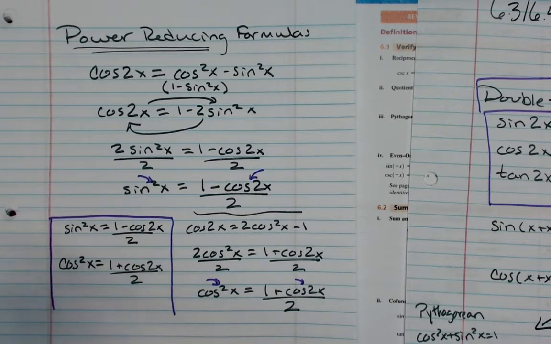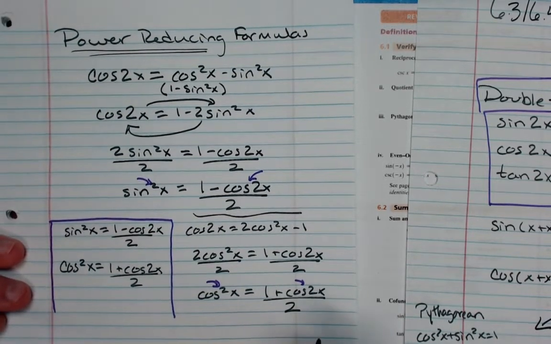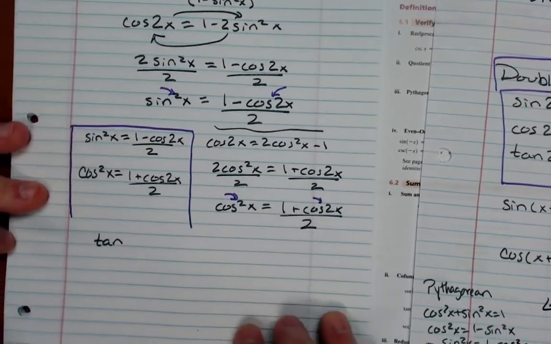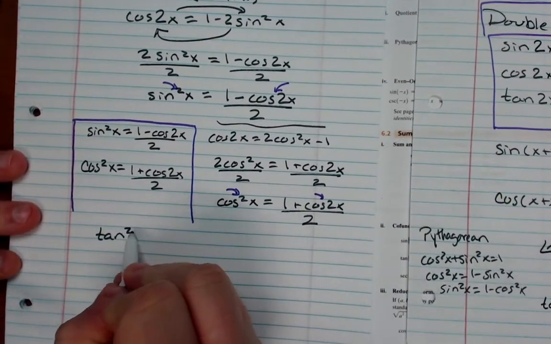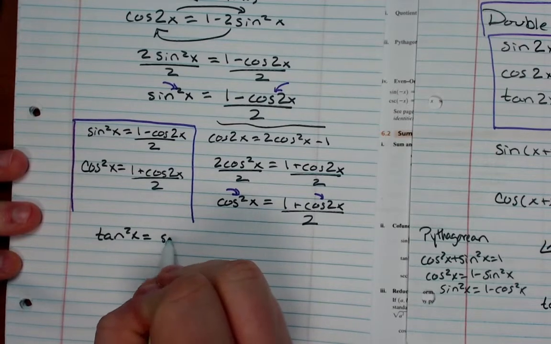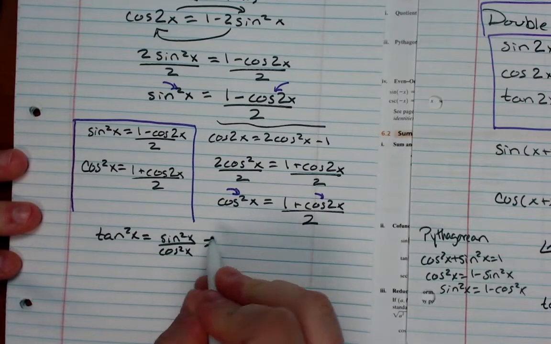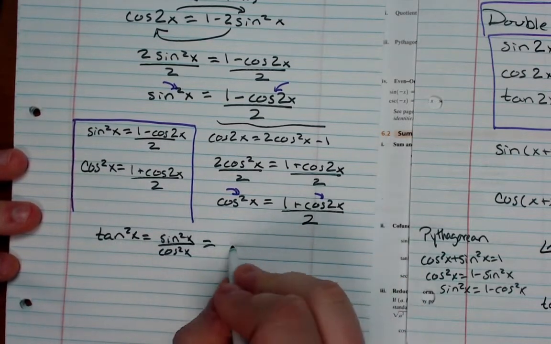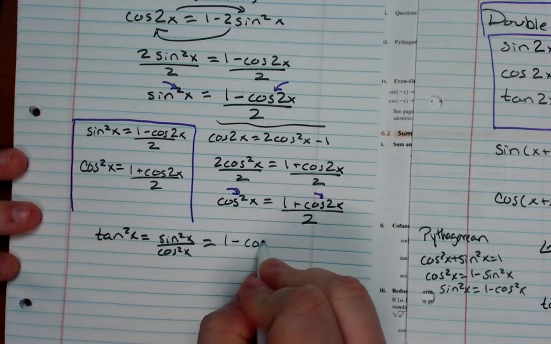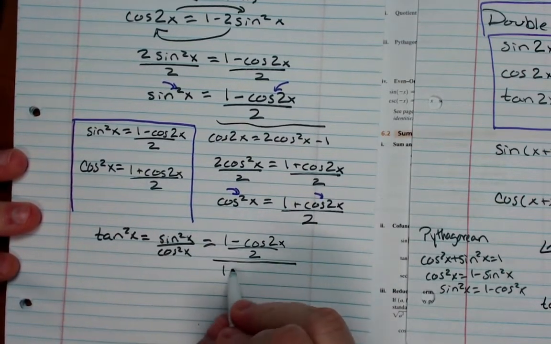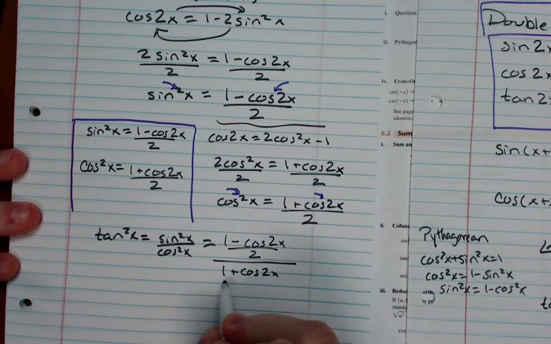And you know, if we've done it with sine and cosine, we're going to do it with tangent. Well, tangent squared. Move this up so we can still see. Tangent squared x is just sine squared x over cosine squared x. We said that sine squared x is 1 minus cosine of 2x over 2, all over 1 plus cosine of 2x over 2.